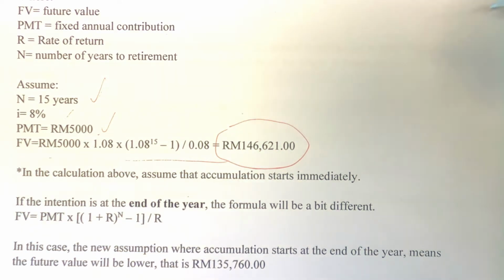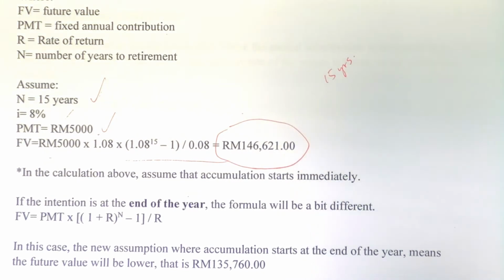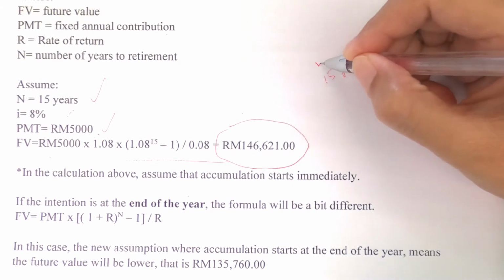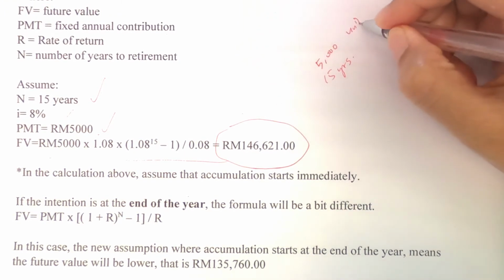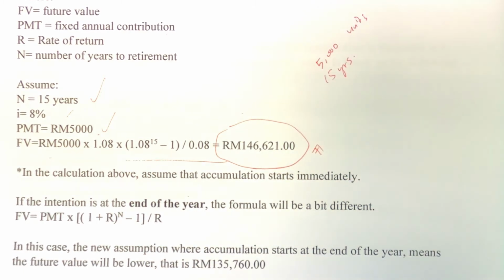So after 15 years, with Mr. Rahmat consistently investing 5,000 per year in this unit trust, we can get 146,621.